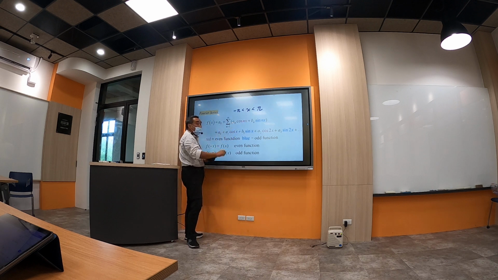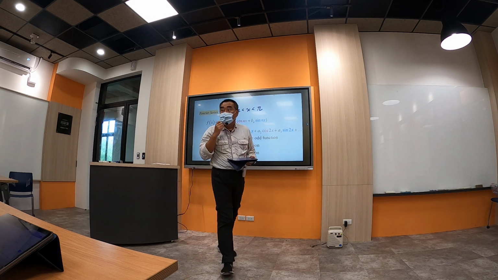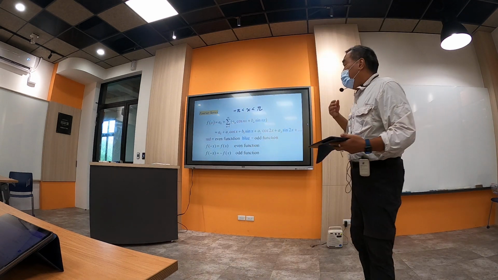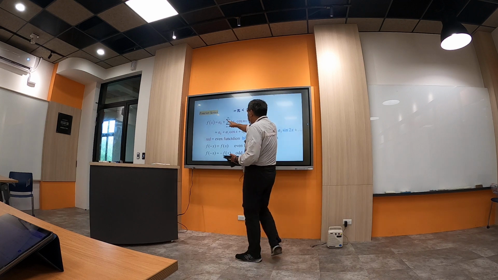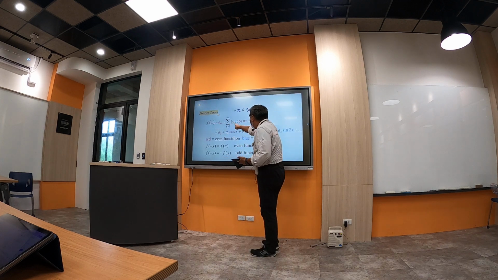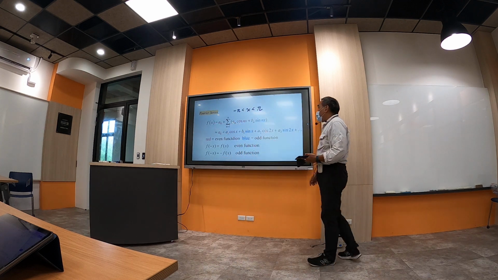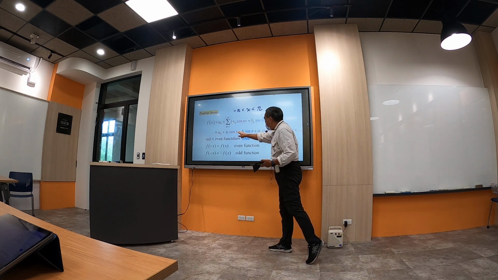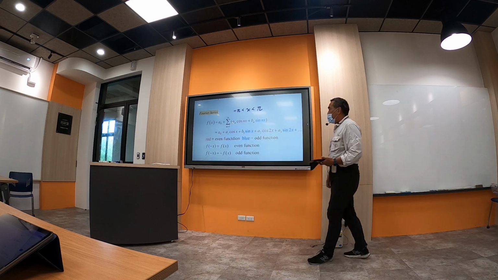So you have an odd function. Okay, depending on the nature of the function, this will determine your an and the bn. So I use one color to represent even, and the blue color to represent odd function. Okay?